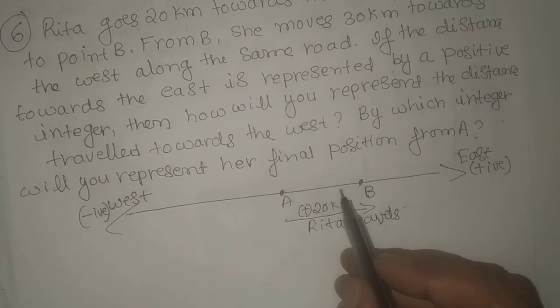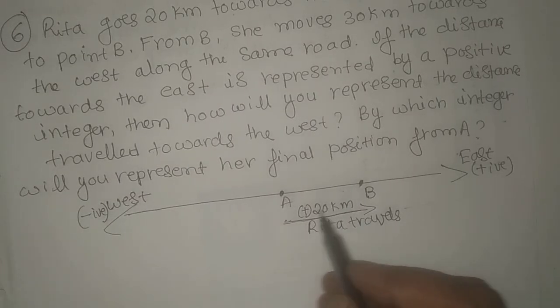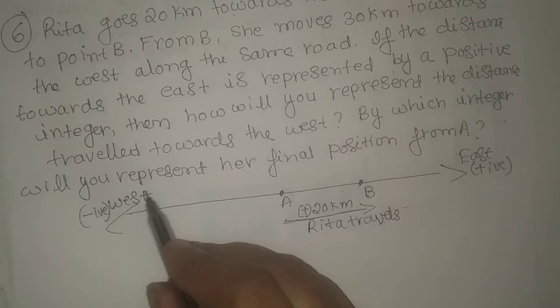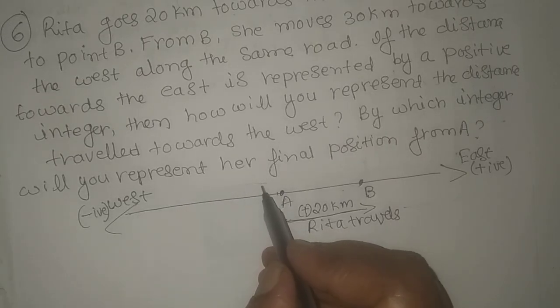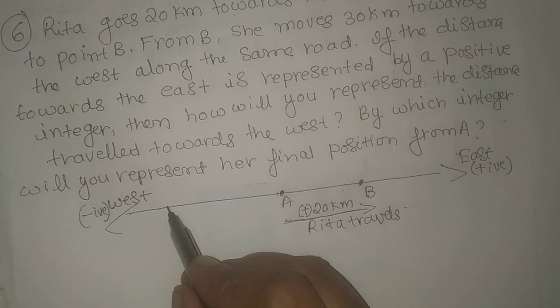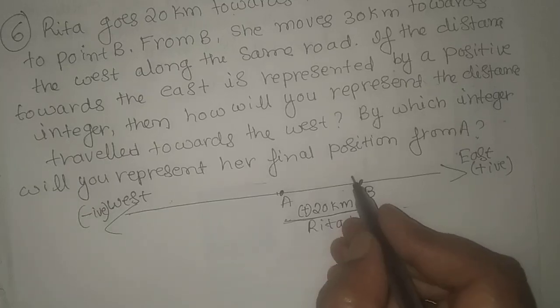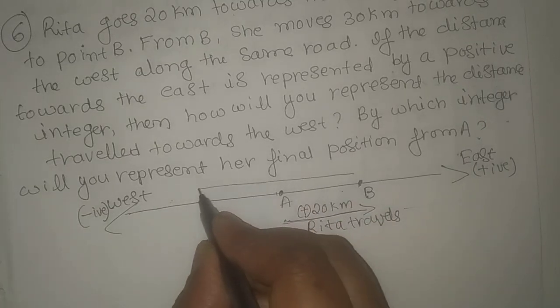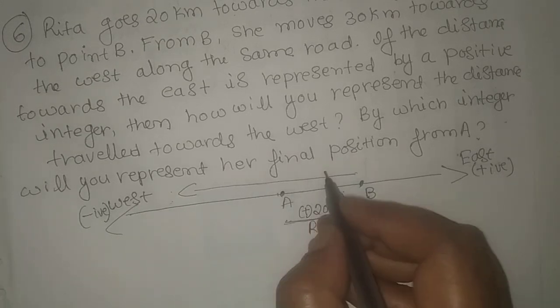Then after this she moves towards west. Now this side she will move along the same road. From here, again she moves this way, that is negative.